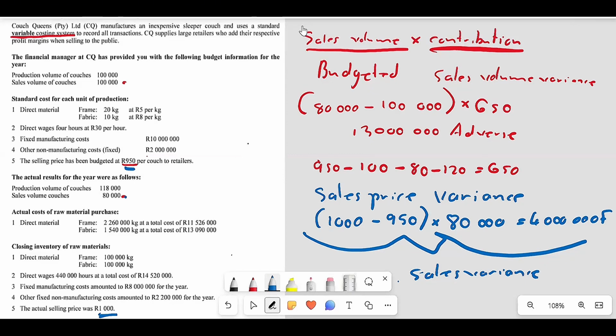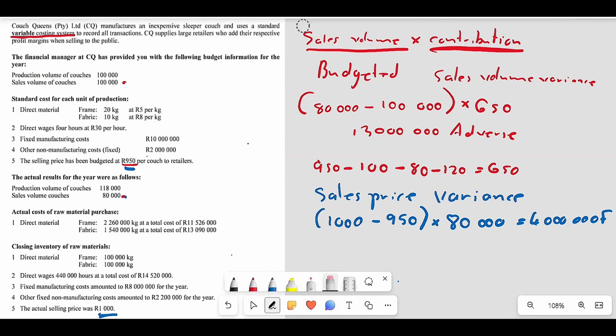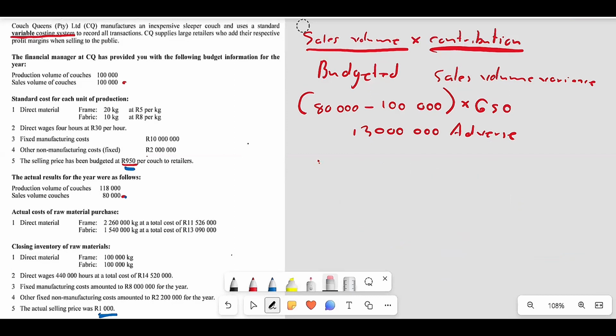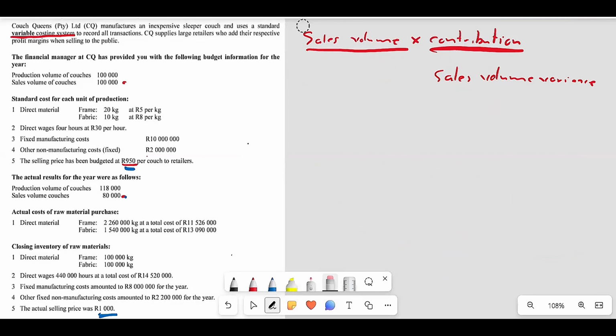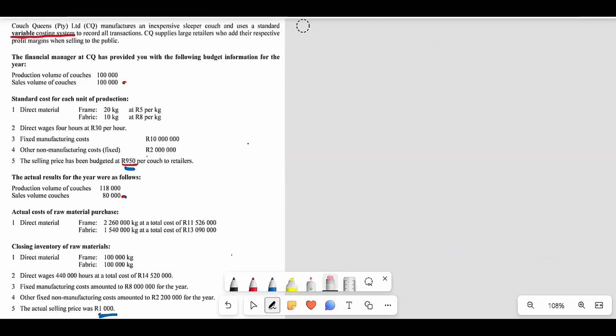Okay, now let's do the direct material variances. It is not as difficult a topic as it seems to be, but okay, let's dive in.